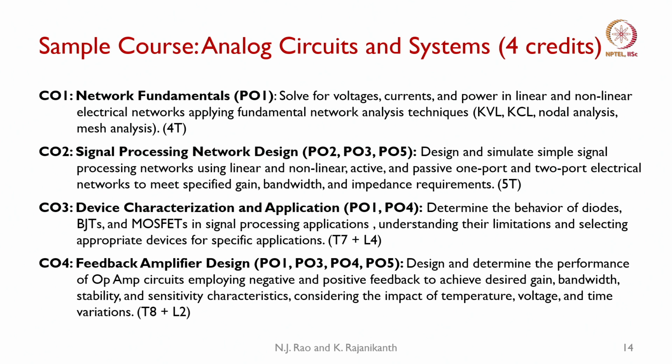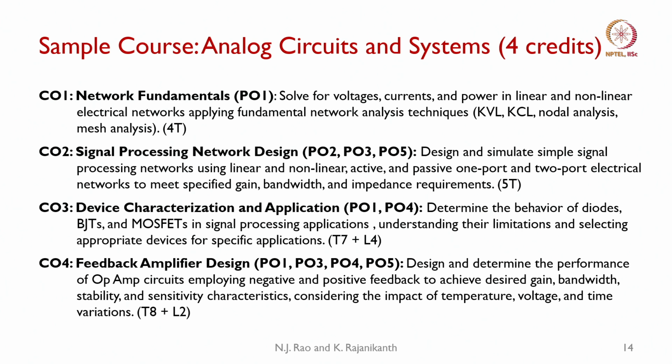Sample course: analog circuits and systems. I will read only one or two. For example, CO3, device characterization and application, that is the title: determine the behavior of diodes, BJTs and MOSFETs in signal processing applications, understanding their limitations and selecting appropriate devices for specific applications.